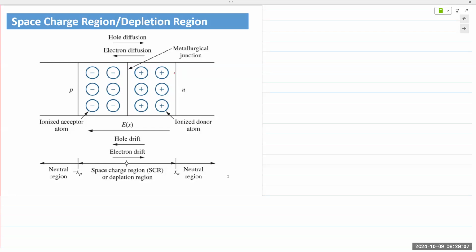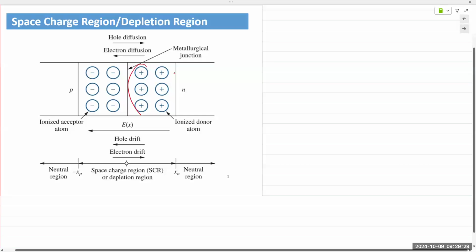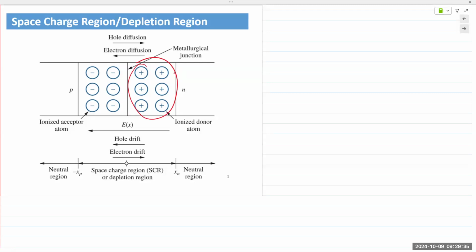Each of those electrons is balanced by a positive charge in the nucleus of that donor atom. When the electron leaves that local space and goes over to the P-type material, it leaves behind the ionized atom, which has an extra positive charge. Hence, we see these positively charged ionized atoms on the N side of the material. Make sense?